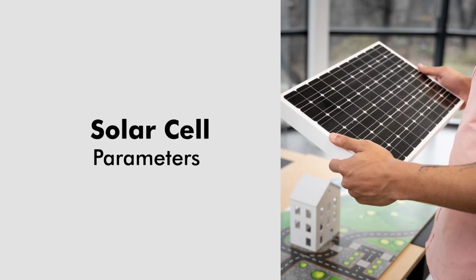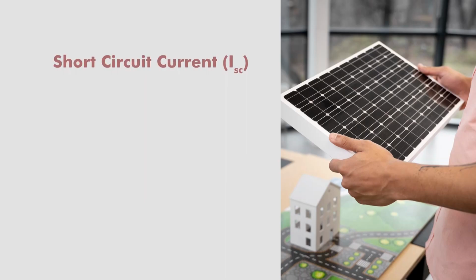Now we will discuss the different parameters associated with the solar cell, like short circuit current, open circuit voltage, and fill factor. First of all, we will discuss what short circuit current is. As the name indicates, suppose you have one solar cell, and every solar cell has two terminals.